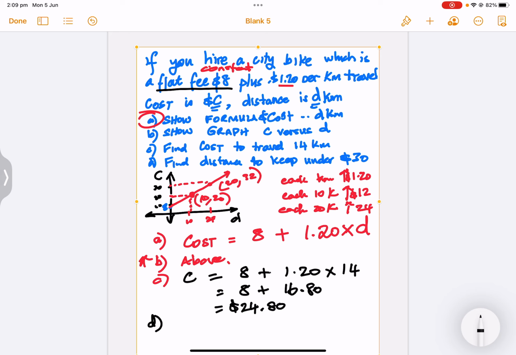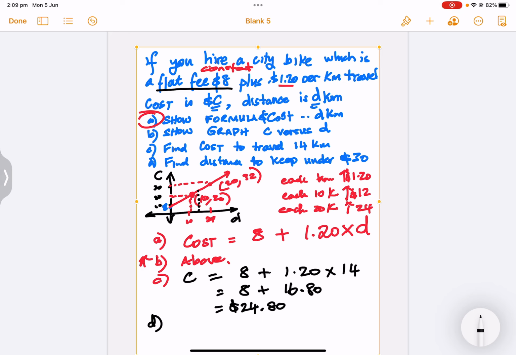You could have done that on the graph, but it's only approximate. It's hard to see exactly where that is on the graph, but it's at $24.80. So the formula will give you exactly. The graph can only give you approximately unless you've got a really accurate graph.